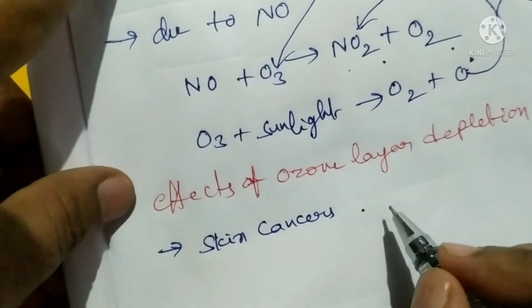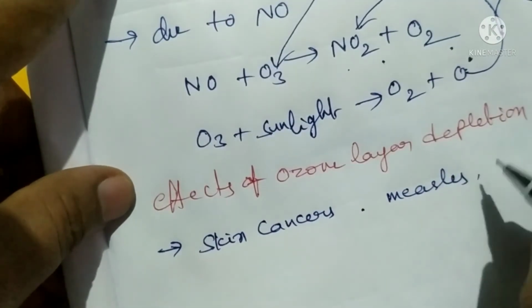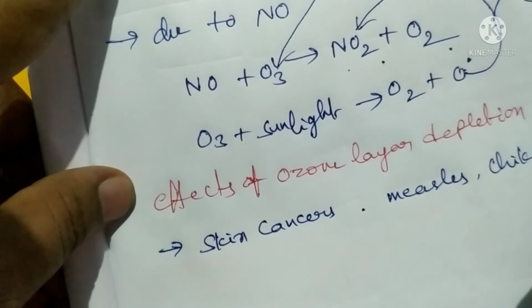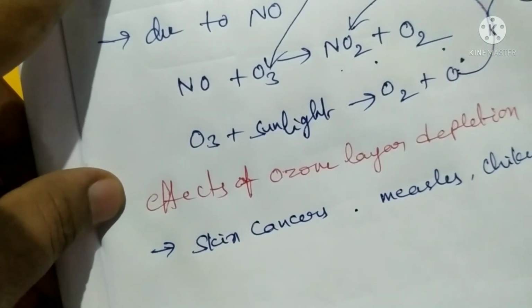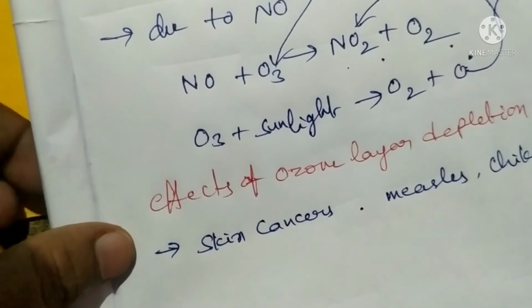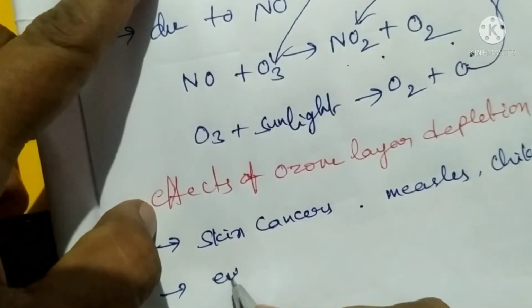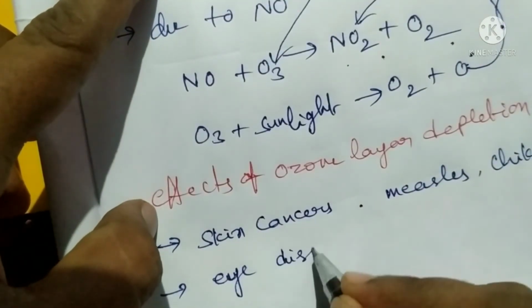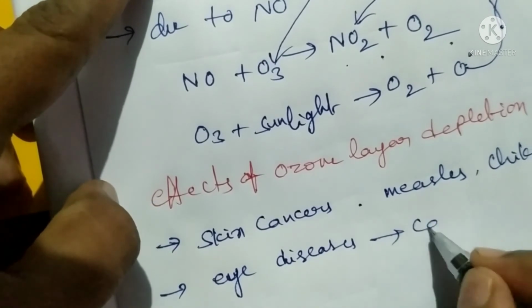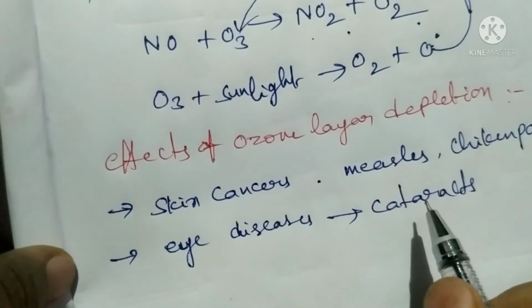Skin diseases like measles and chicken pox, etc. These diseases arise due to UV rays entering the atmosphere. Next, eye diseases like cataract formation take place due to the entering of UV rays into the atmosphere.